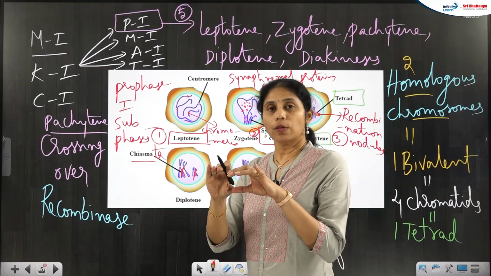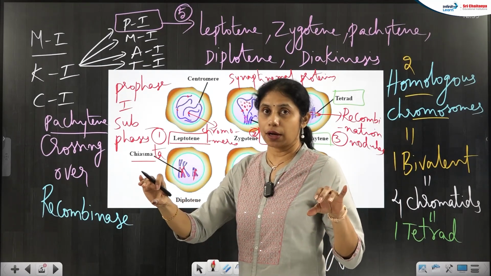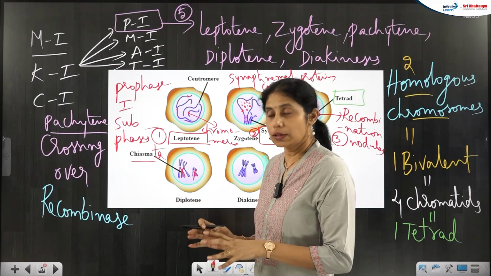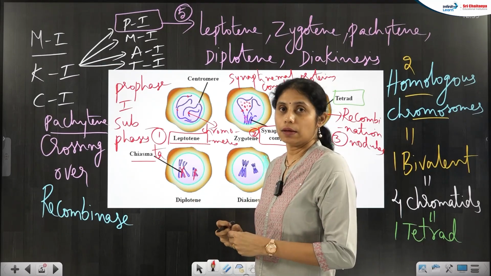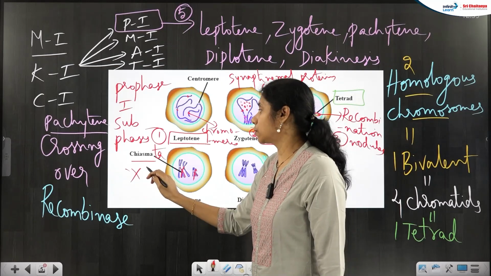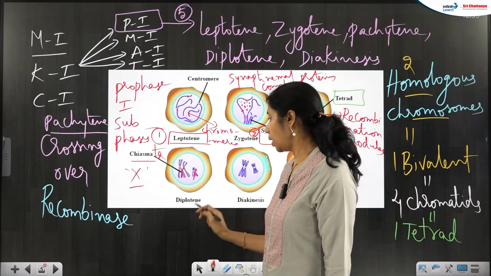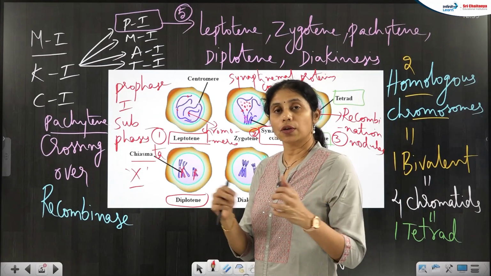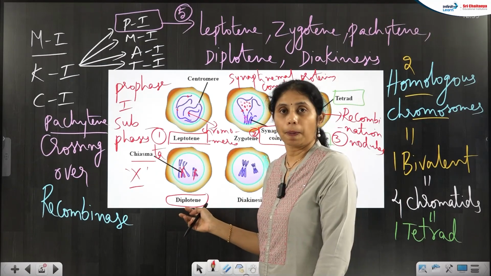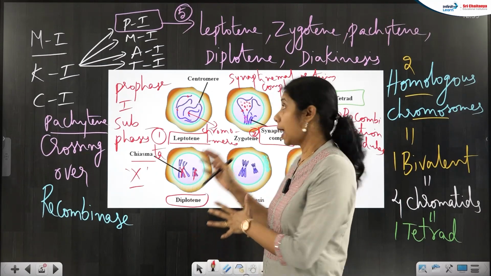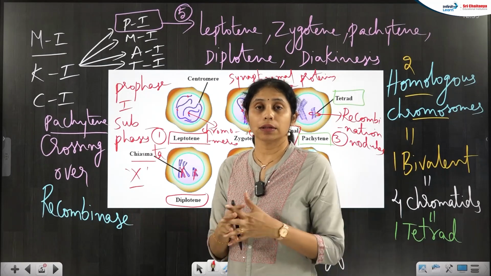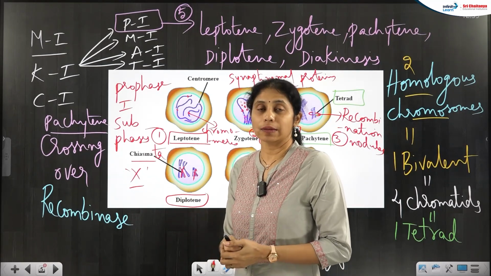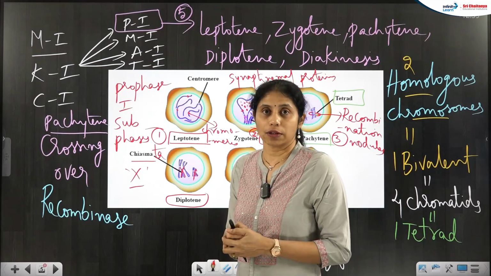As the homologous chromosomes of a bivalent are getting separated due to the dissolution of the synaptonemal complex proteins, we can clearly see the X-shaped structures called chiasmata in diplotene stage. In fact, diplotene lasts for so many months or years in some organisms, like oocytes of vertebrates.